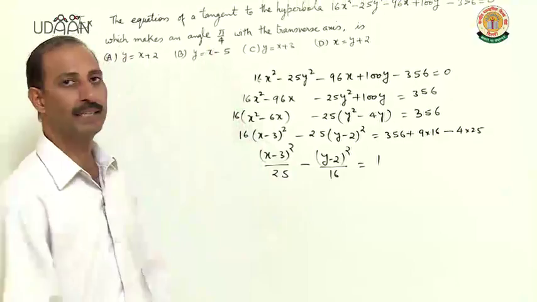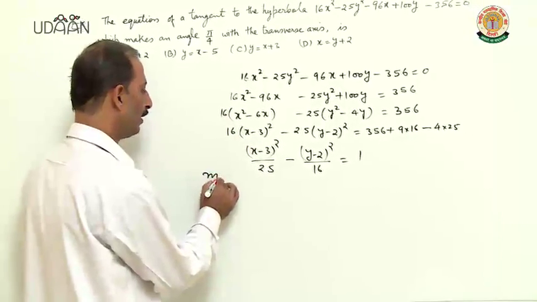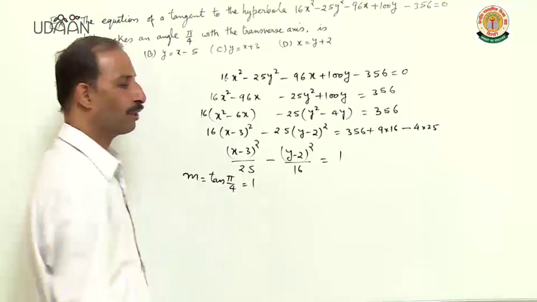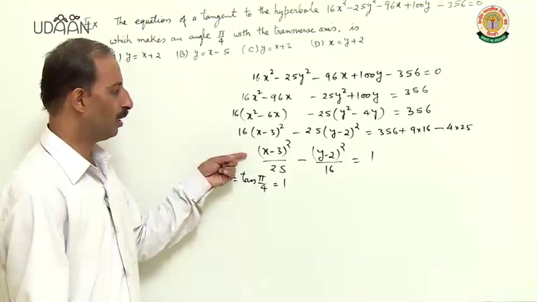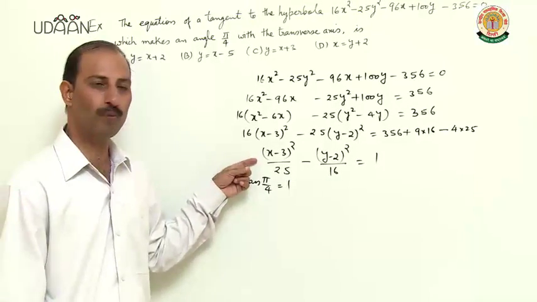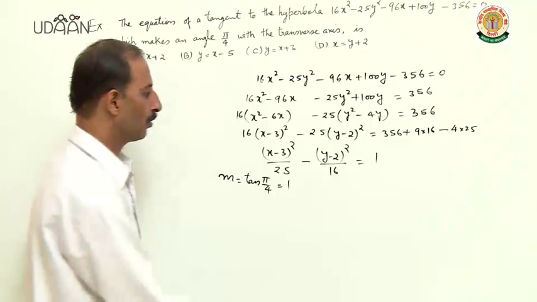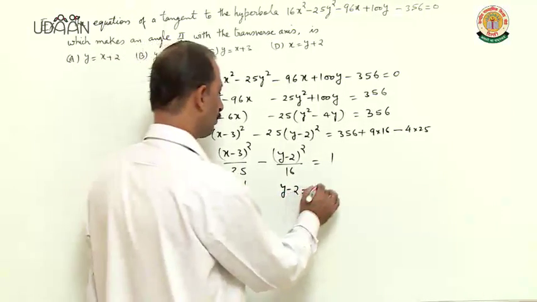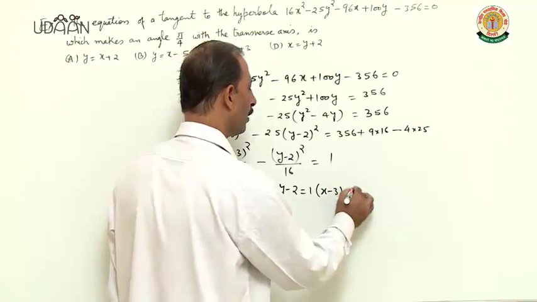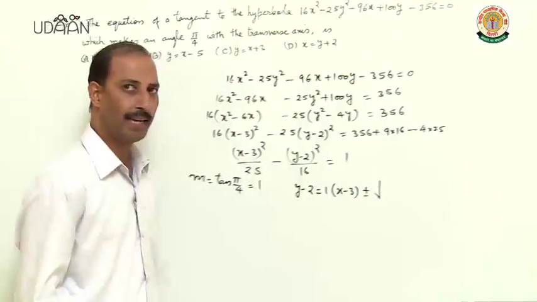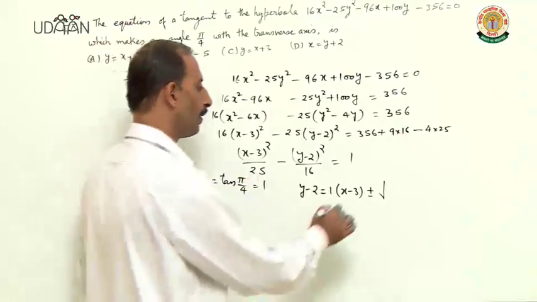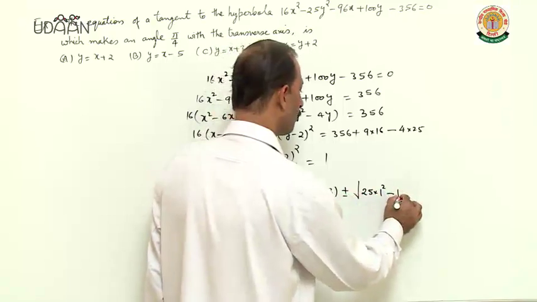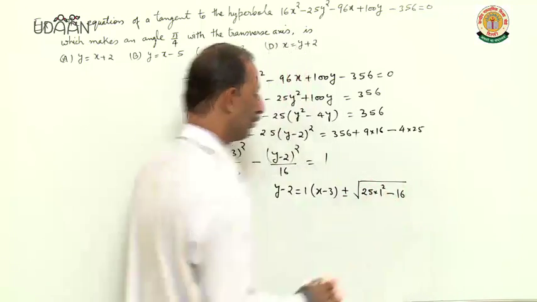Slope of the tangent is given here. What is the slope of tangent? m is equal to tan pi by 4, which is 1. Now you know, for this type of equation, the equation of tangent in slope form, as I told you, is y minus 2 is equal to m into (x minus 3) plus minus root of a square m square minus b square, where a square is 25.